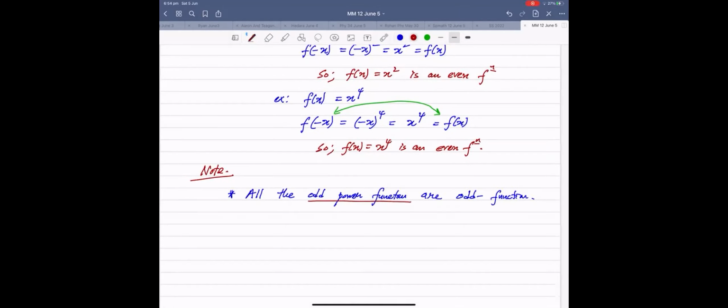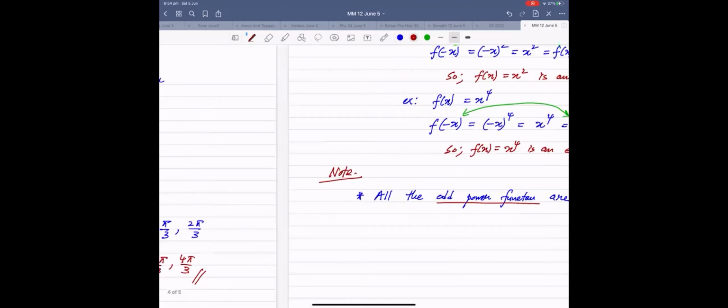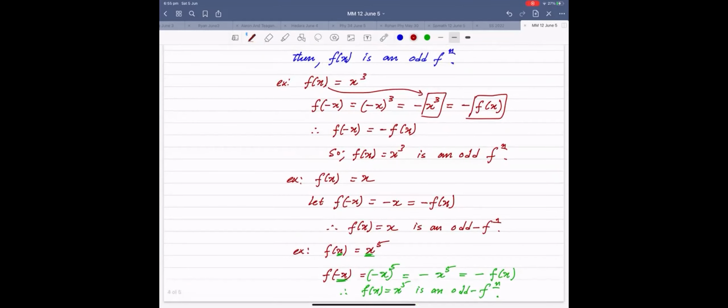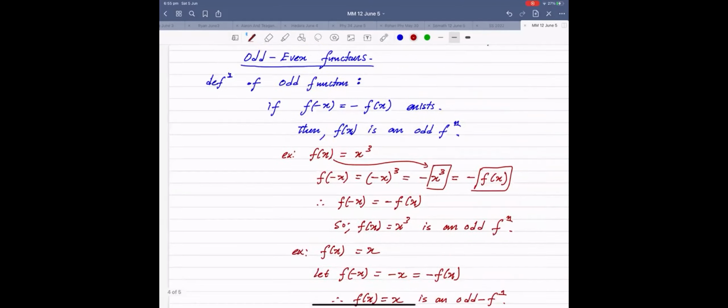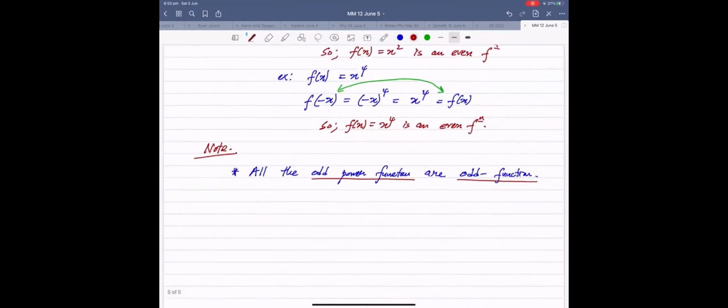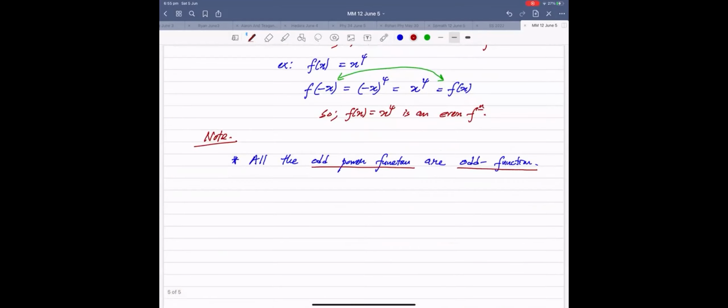That makes sense, right? Because look at this. X to the power 5, odd function. X to the power 3, odd function. X to the power 1 here, odd function. So all odd power functions are odd functions.